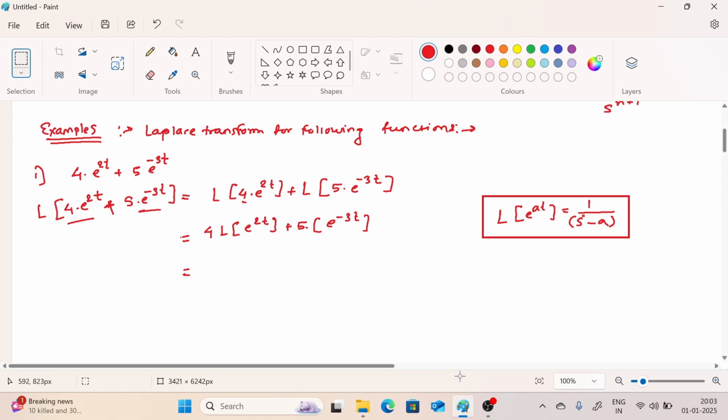Now we have the same equation here, and we are going to utilize the same formula in this expression.